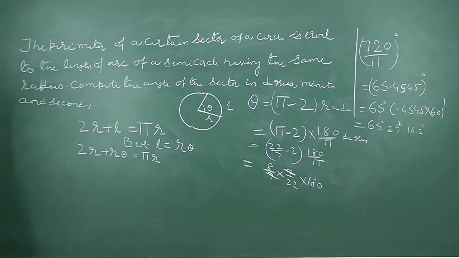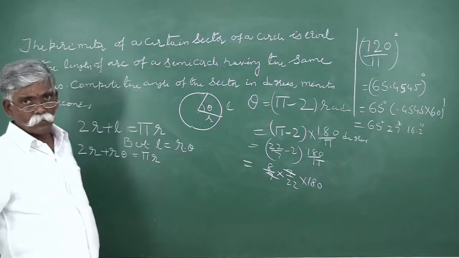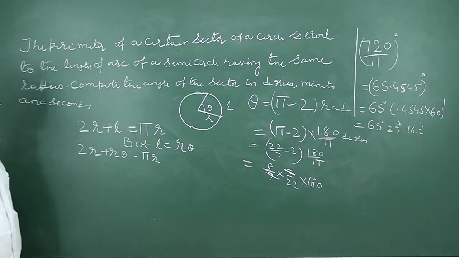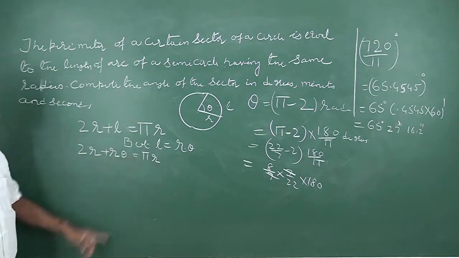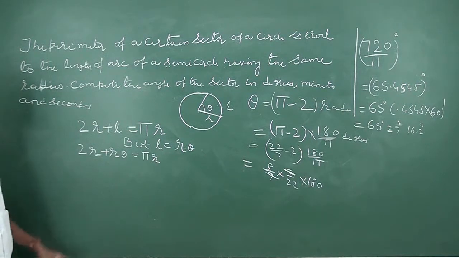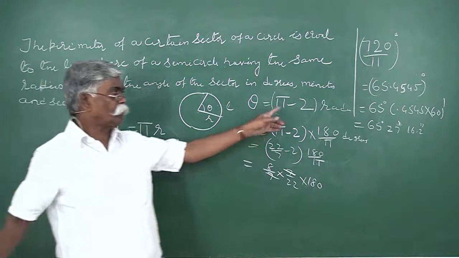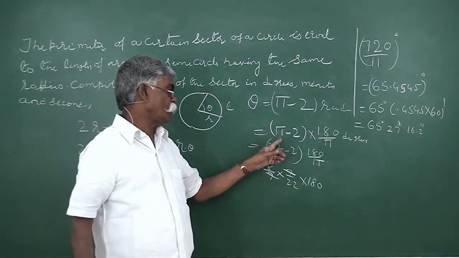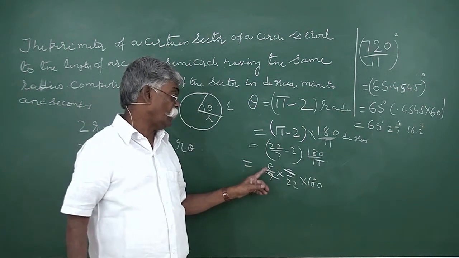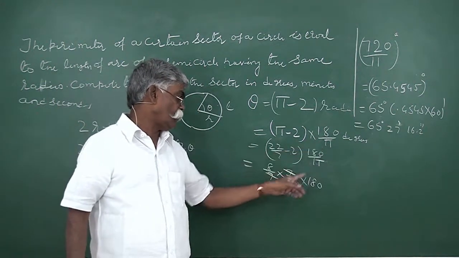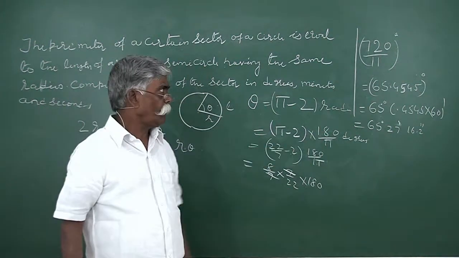So therefore the perimeter of a sector of a circle is 2r plus L is equal to the perimeter of the semicircle of same radius, means pi r, but L is equal to r theta. So 2r plus r theta is pi r gets cancelled, and theta is pi minus 2 radians. And pi is 22 by 7 minus 2. This becomes 8 by 7, and this is 7 by 22, and this is 180.